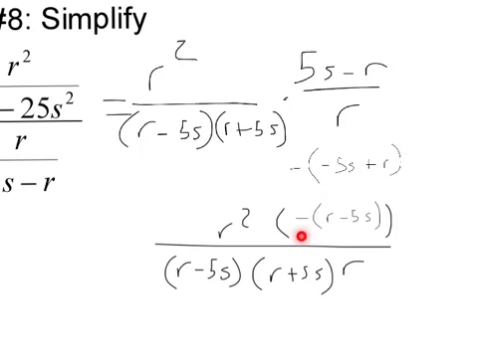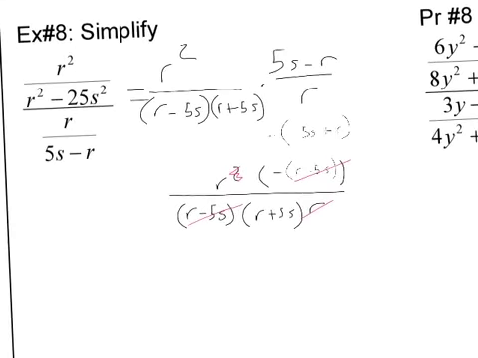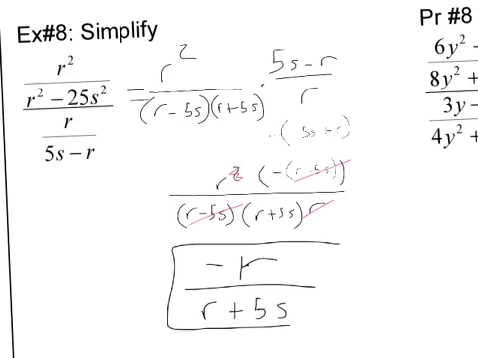Okay, well, now we can see, hey, r minus 5s cancels out. R squared, so one of those r's will cancel out with this r. And we're left with just really a negative 1 times r. So you just write that as negative r over r plus 5s. There you go.